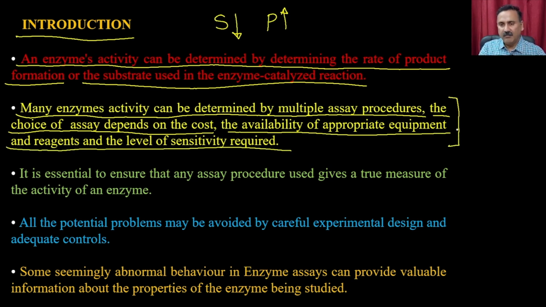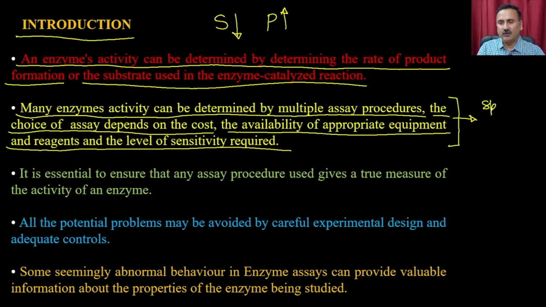So this is a very important parameter you are supposed to consider when you are trying to develop an enzyme assay for measuring the enzyme activity. It depends on multiple procedures. It depends on the availability of equipment, such as whether you have a spectrophotometer or not.